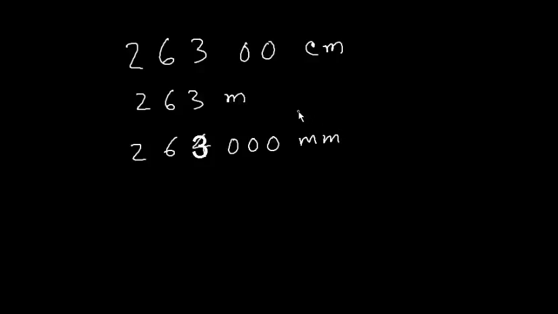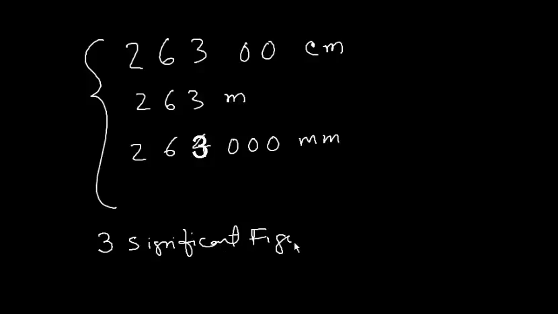Now what will be the significant figures? All these figures have only three significant figures. So basically all the trailing zeros are insignificant here.